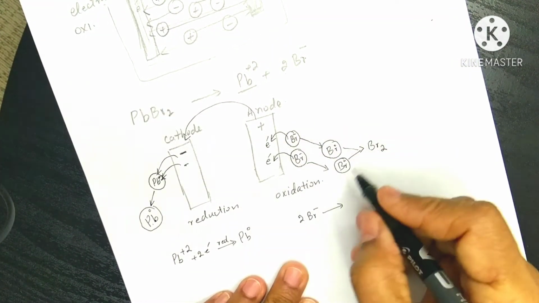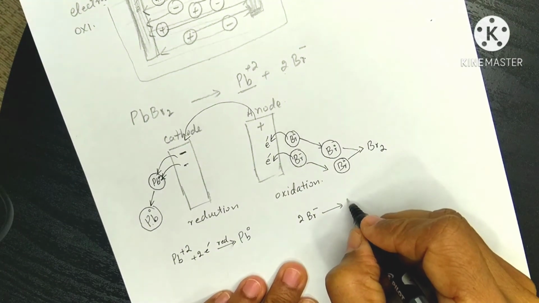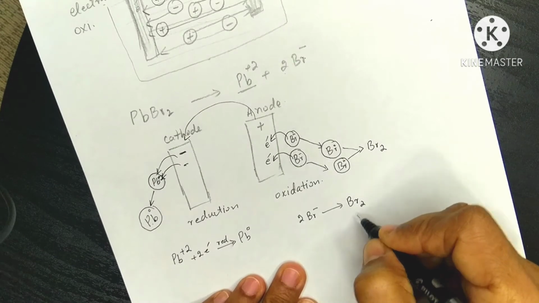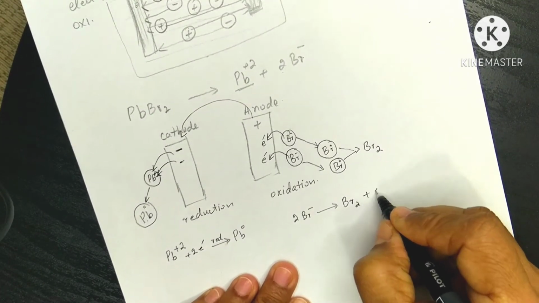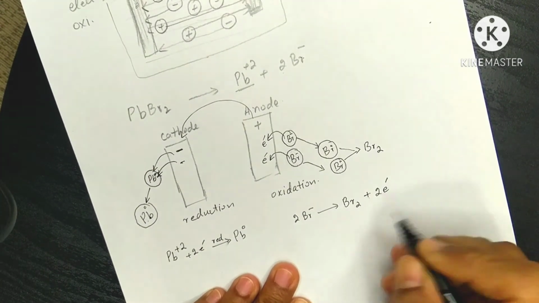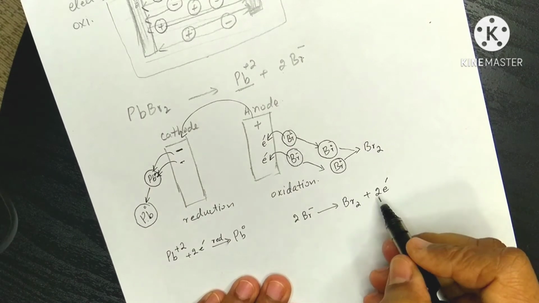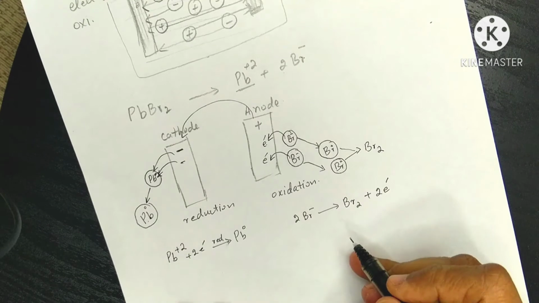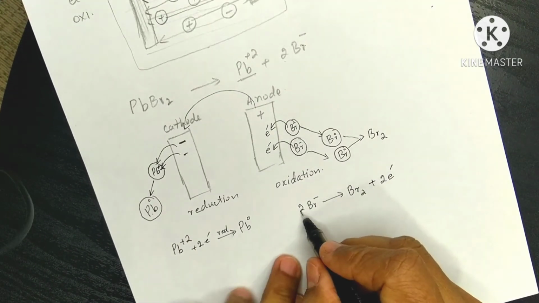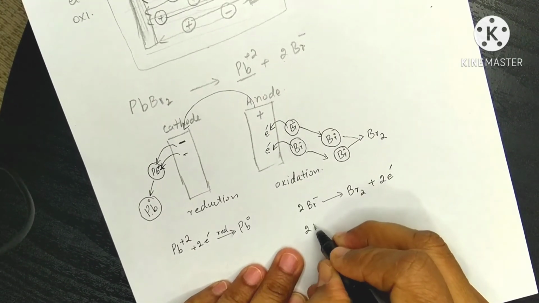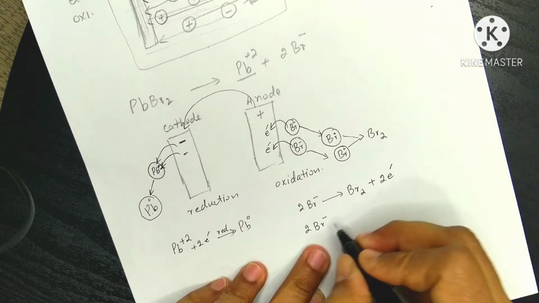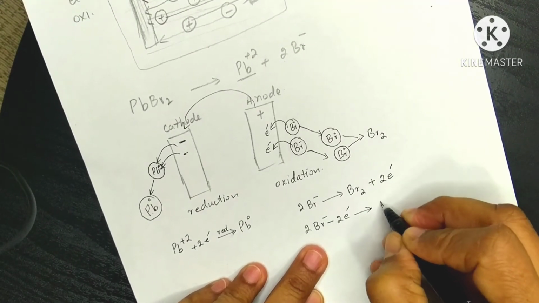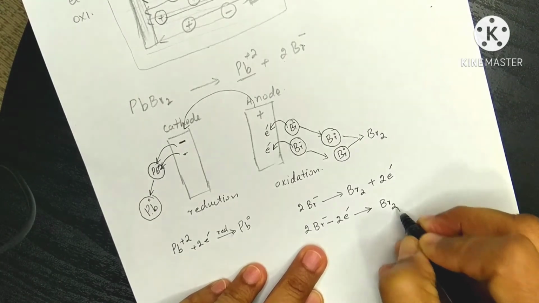They release the electrons and convert into neutral bromine, and because they release electrons, I will write these 2 electrons in the product. I will write this equation like this also: bromide ions minus 2 electrons, and it will convert into neutral bromine.